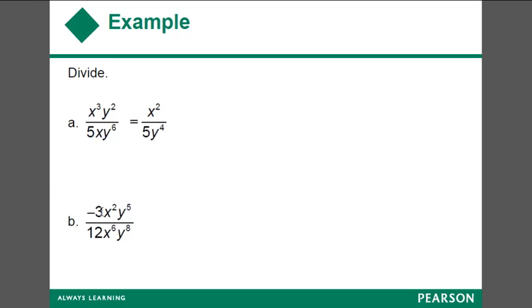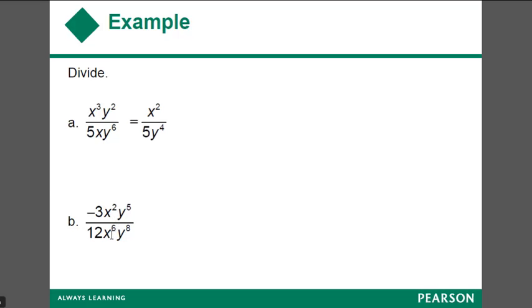I do the same thing with negative 3x squared y to the 5th divided by 12 x to the 6th y to the 8th. I look and I say, okay, how can I separate my coefficients? Negative 3/12, and I can divide both of those by 3. So I'll get 1 over 4. Look at my x's. Where is my largest exponent?